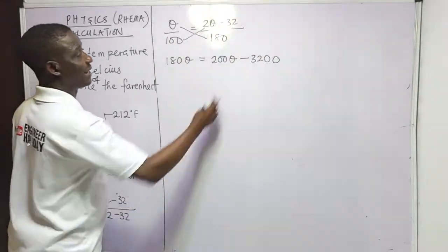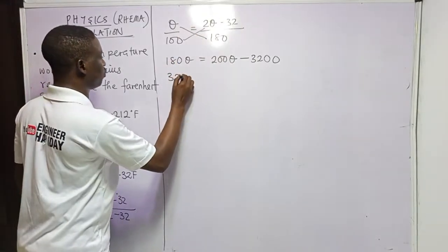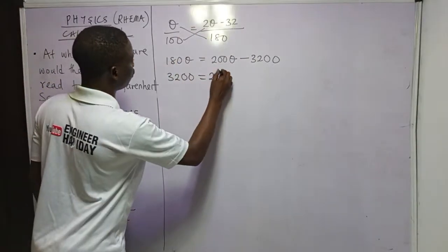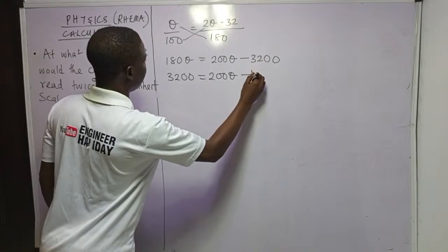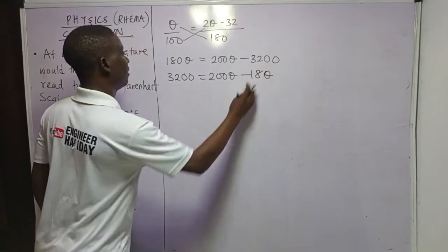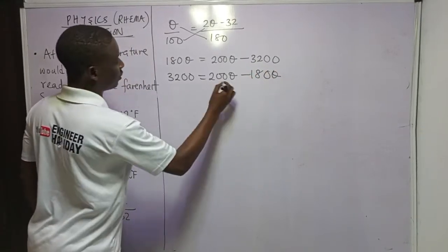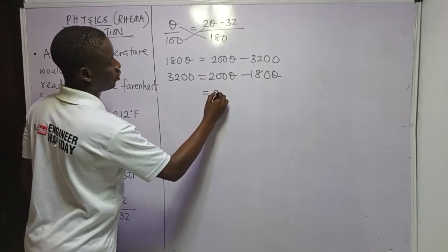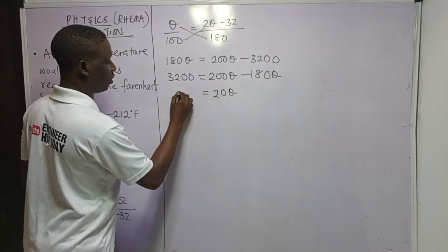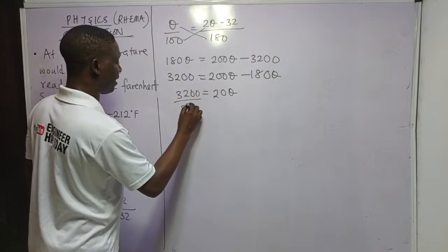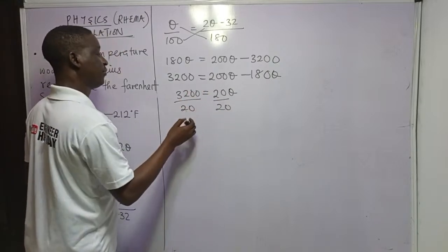Now we collect like terms. I would have 3200 equals 200 theta minus 180 theta. Then we're going to have 20 theta equal to 3200.